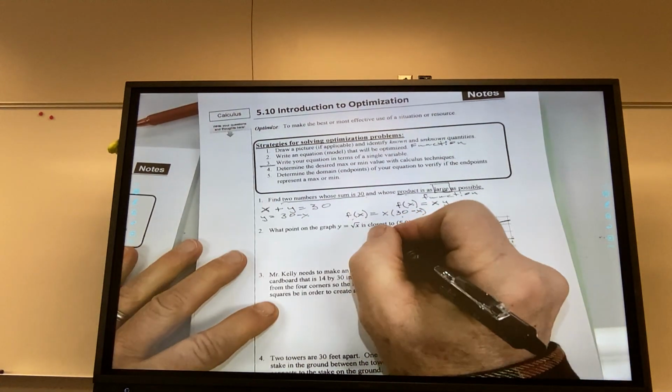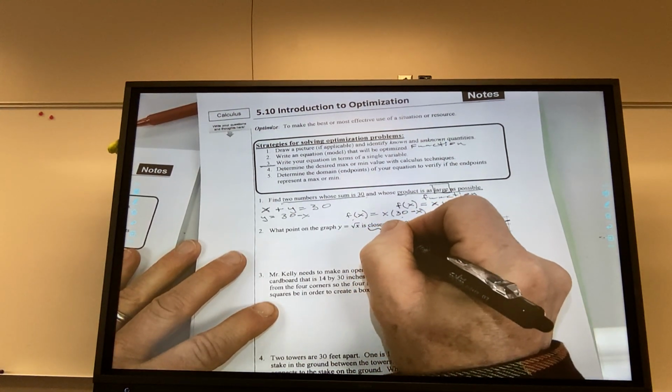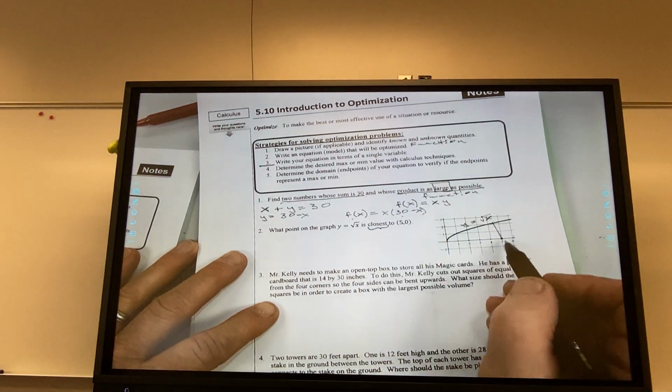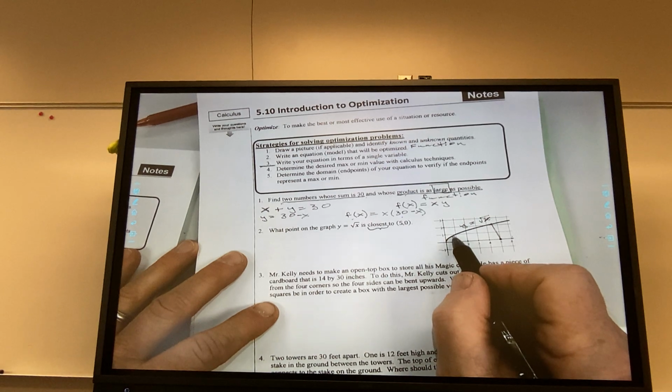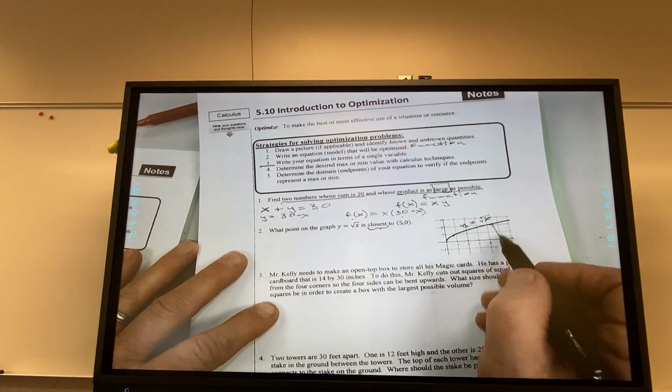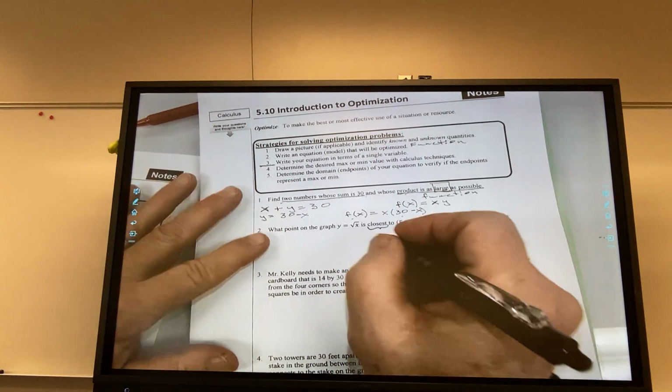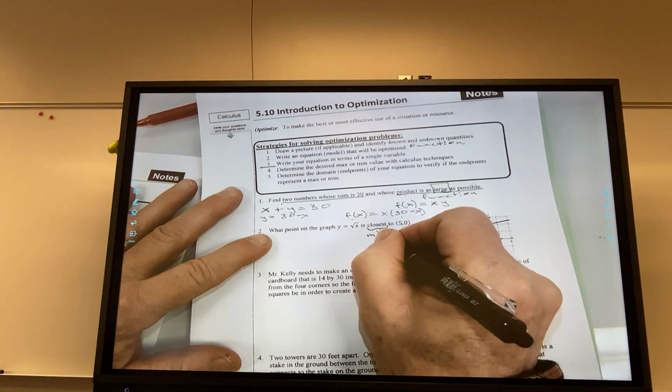So here's the word closest. If I went way over here, it'd be further away, correct? I want this to be as small as possible. Do you agree? So I'm looking at the word minimize.